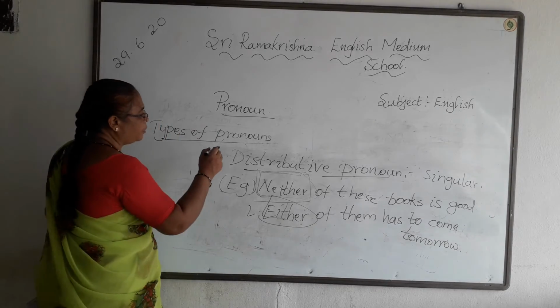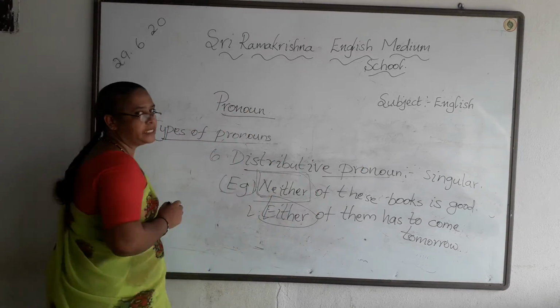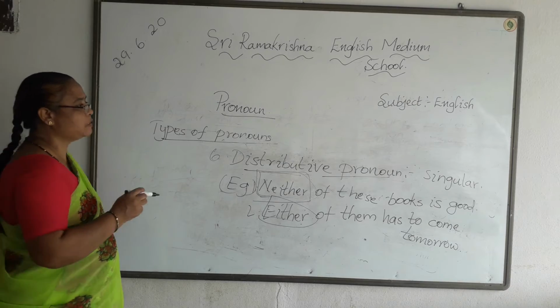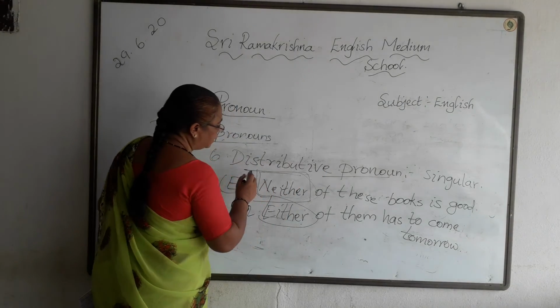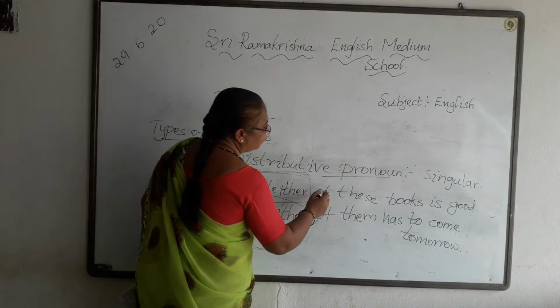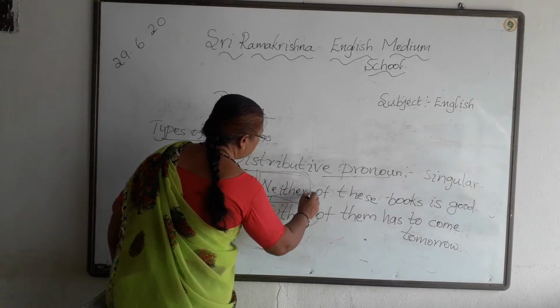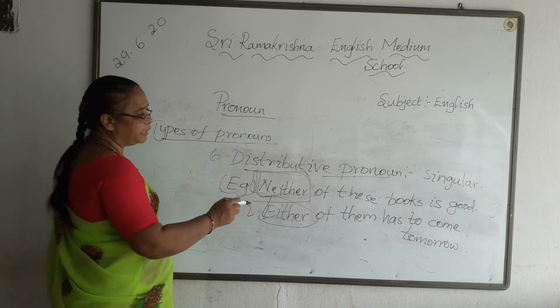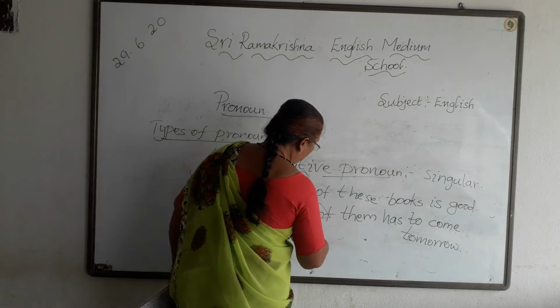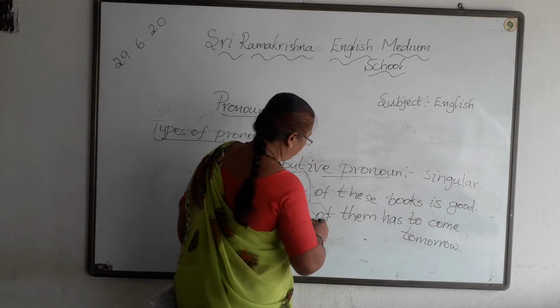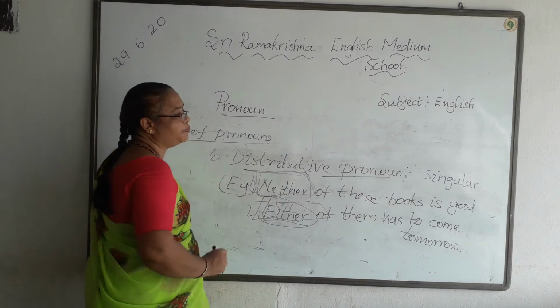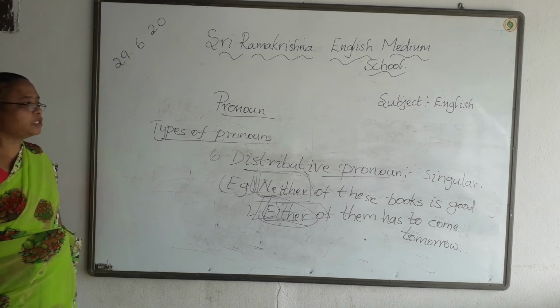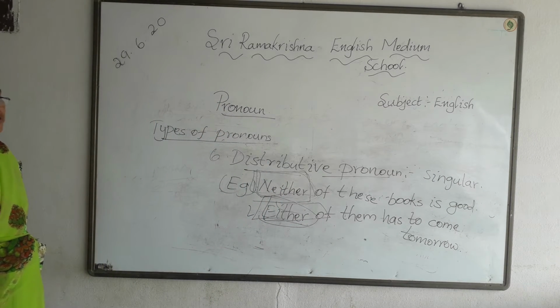So this distributive pronoun will always be singular and it is followed by the verb. Example: Neither of these books is good. This "neither" is the distributive pronoun. It is singular and followed by the verb. Next, either of them has to come tomorrow. This "either" is also the distributive pronoun.